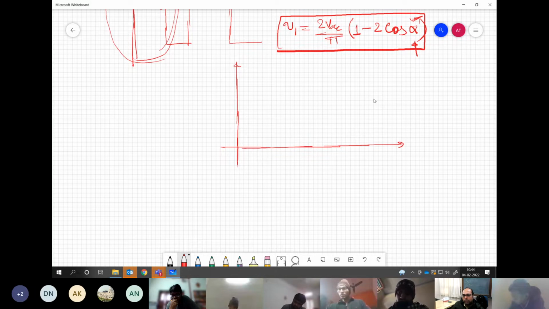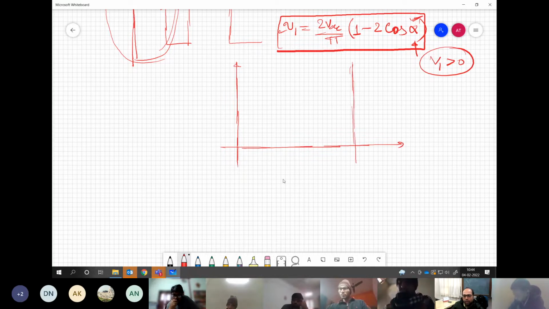We have to make sure that the V1 magnitude is greater than 0. We only operate with positive voltage. We should not suddenly invert the voltage and go to a negative value. That is not recommended. So if you plug in alpha equal to pi by 3, what will happen?